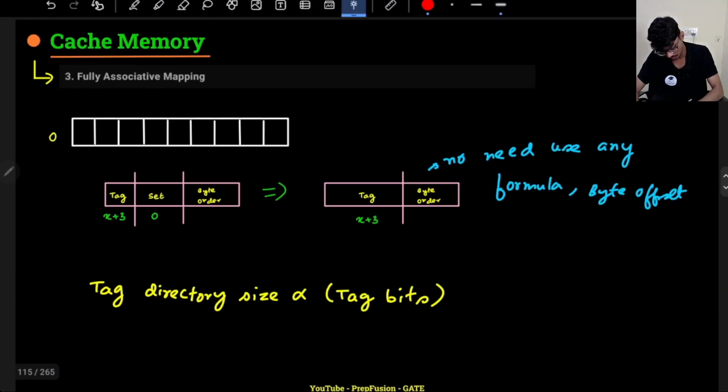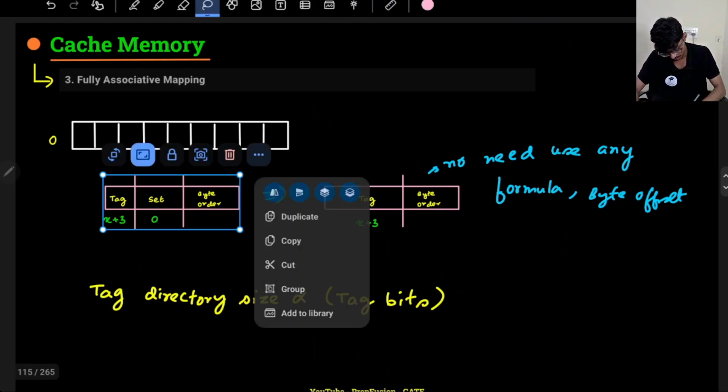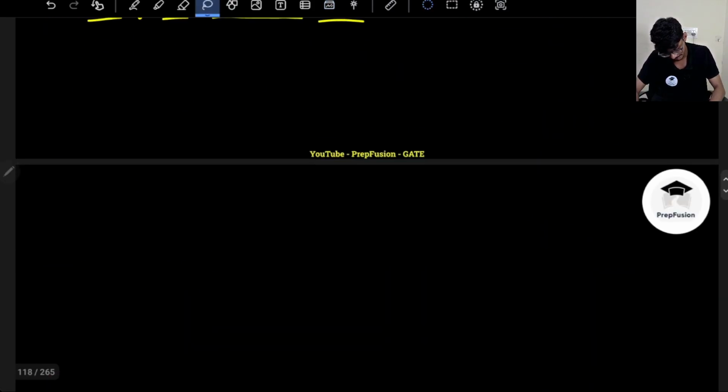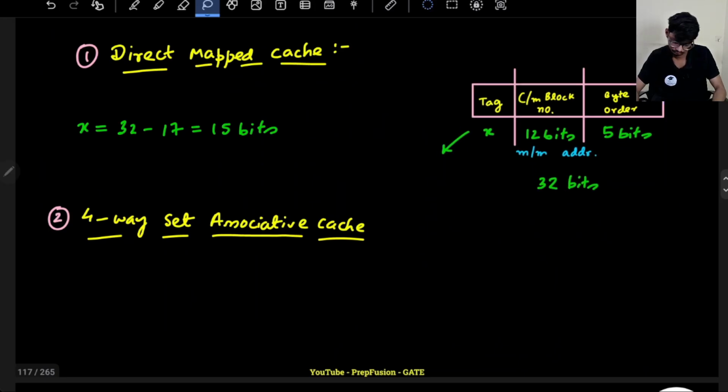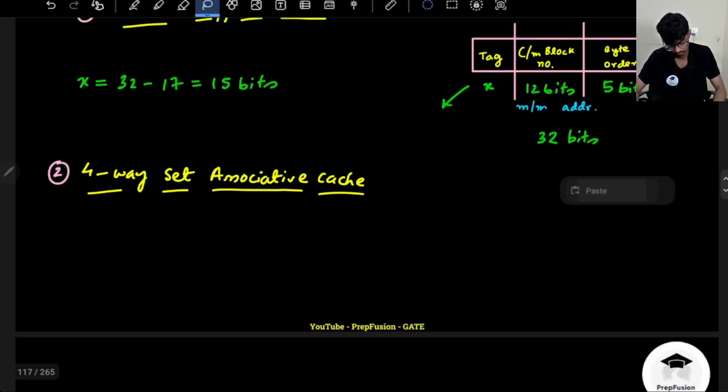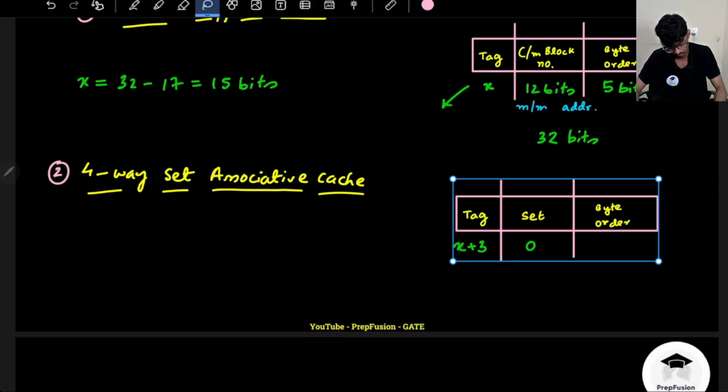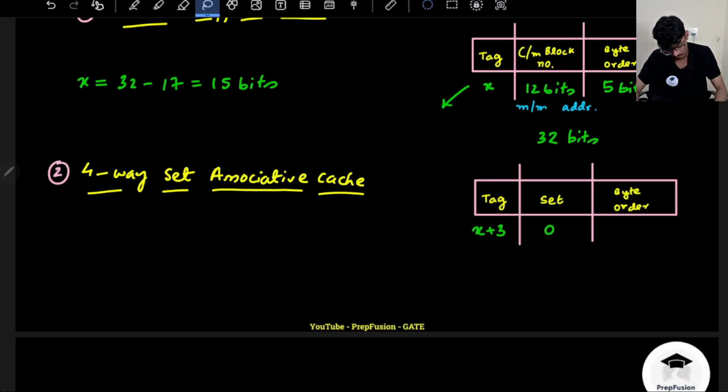Now the cache memory block will change to set number, right? So now this will be set number. So byte offset will be the same. Byte offset will not change. It will be 5 bits only.